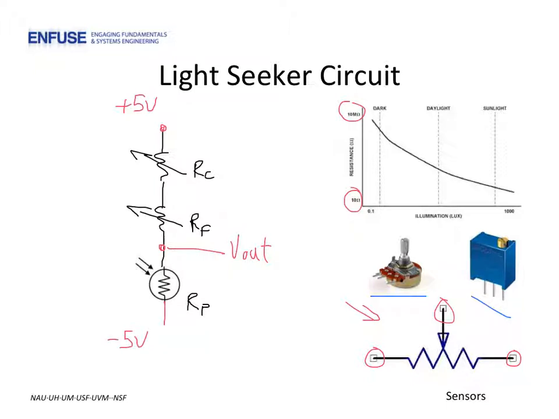So this would be applicable to an analog system where our output voltage would be positive or negative depending on the conductivity or the resistance of the photoresistor. So when it was very dark, the photoresistor resistance would be high, and if it was higher than the combination of RC and RF, then the output voltage would be positive. And if it got bright, then the photoresistor resistance would be less than the combination of the two potentiometers, and our output voltage would be negative.